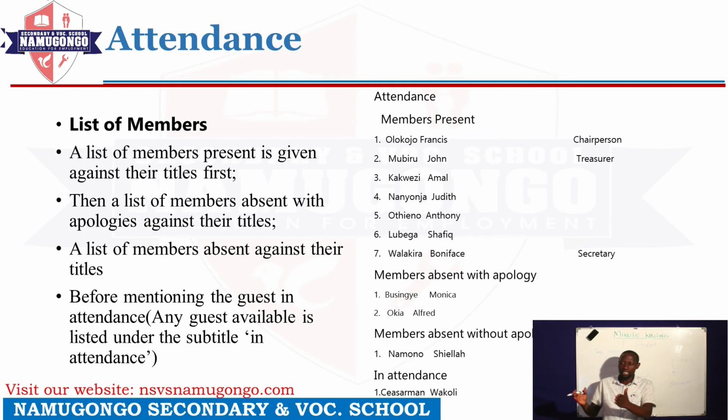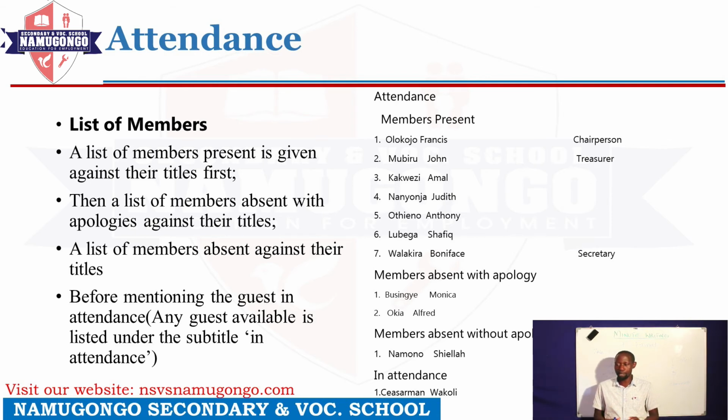Let's look at our attendance for an example here. We are saying members present. The very first present member here was Olokojo Francis and happens to be the chairperson. The second member present is Mubiru John, who happens to be the treasurer.